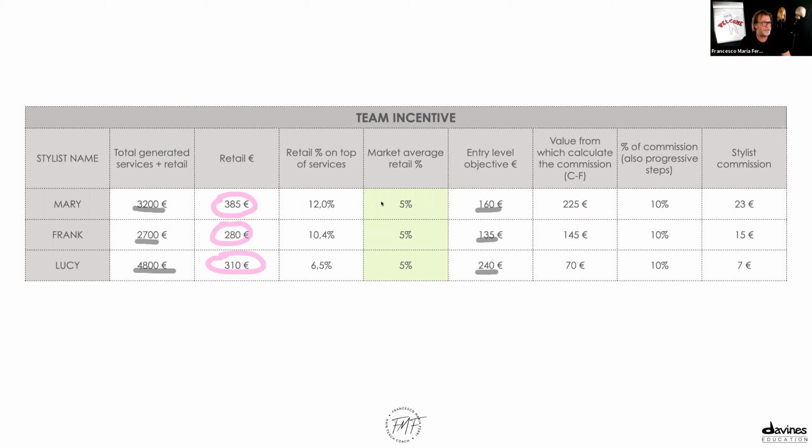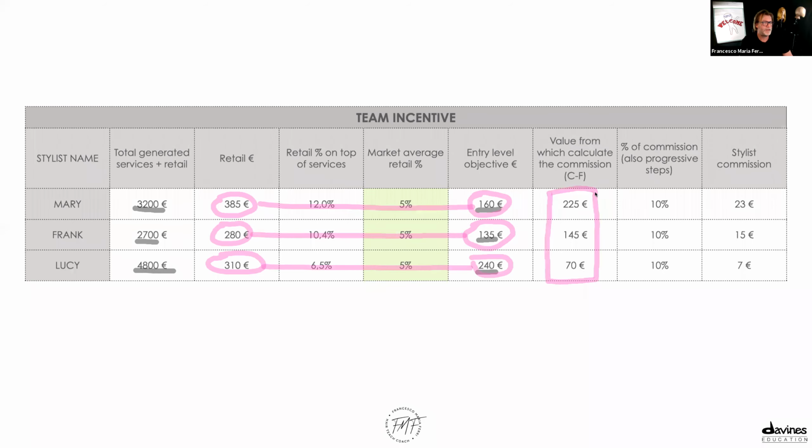And this was the entry level, the minimum objective. The difference between these two numbers is what is reported here.